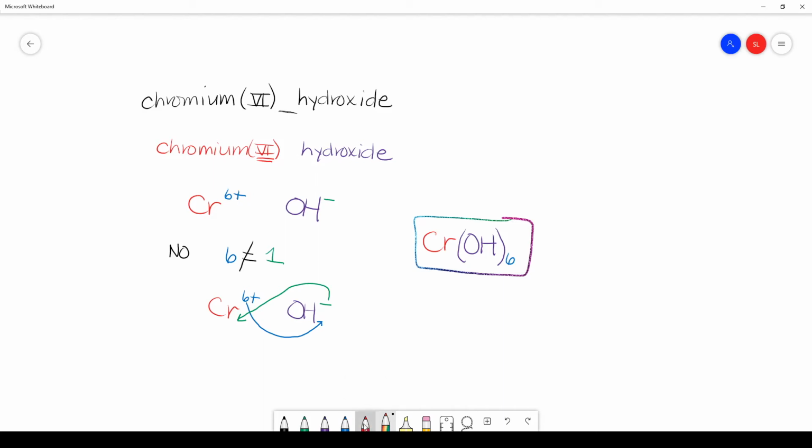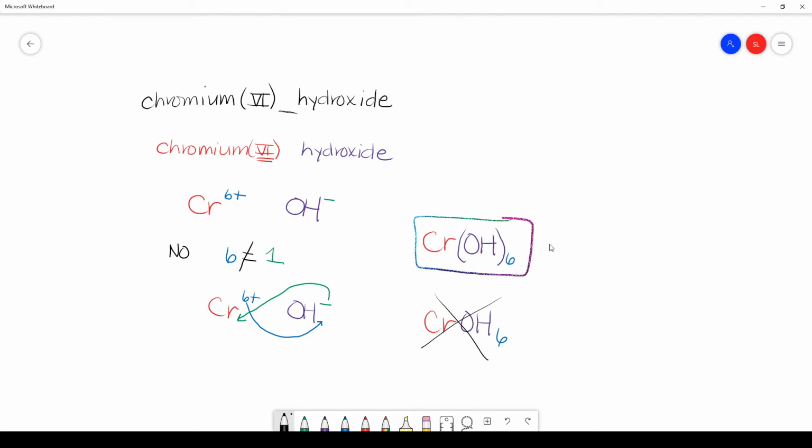Let me show you what's wrong. And I'll put a big X through it so you don't mistakenly think it's right. If I do this, it's wrong. Because in the correct version, both the oxygen and the hydrogen have the multiplier of 6 applied to them.